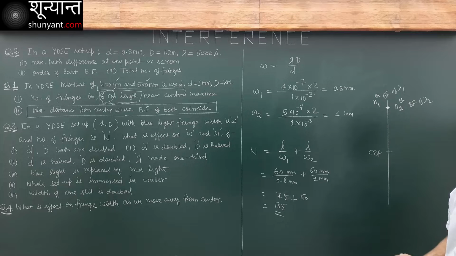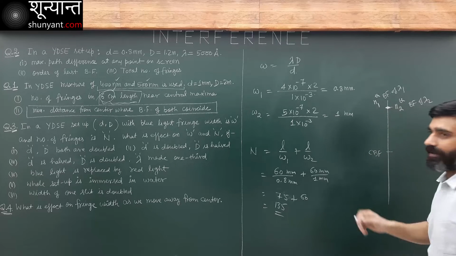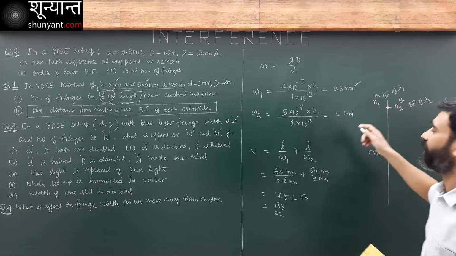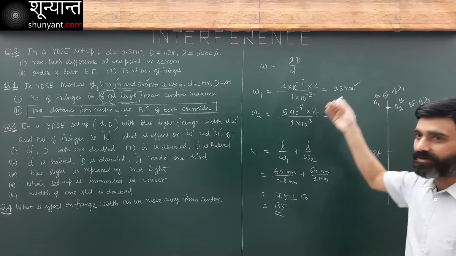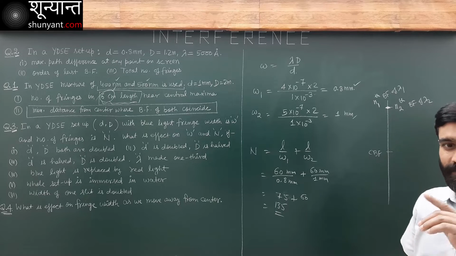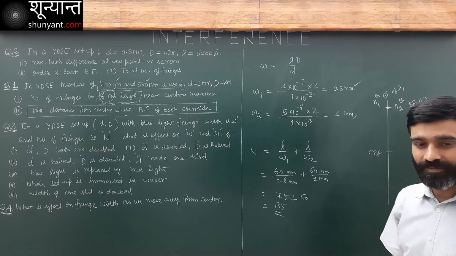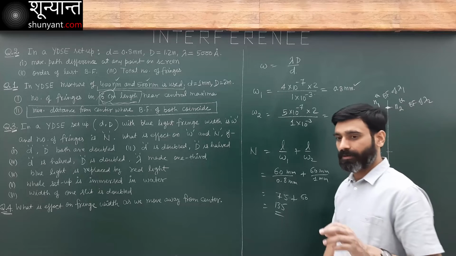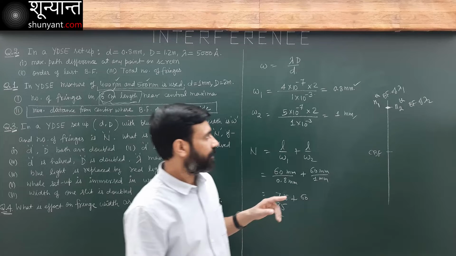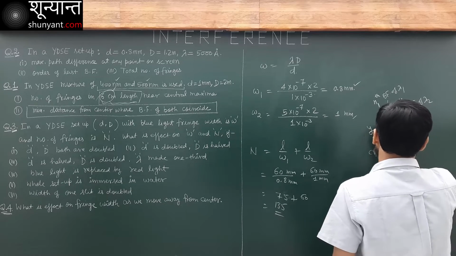Let's say I am going to get the 10th bright fringe of the first one at a certain point, then at the same point I will get, let's say, the 8th bright fringe of the second one. So the order of fringes will be different. At the same point I am getting a bright fringe for both lights, but the order of the bright fringe will be different. Now, this distance is the same.